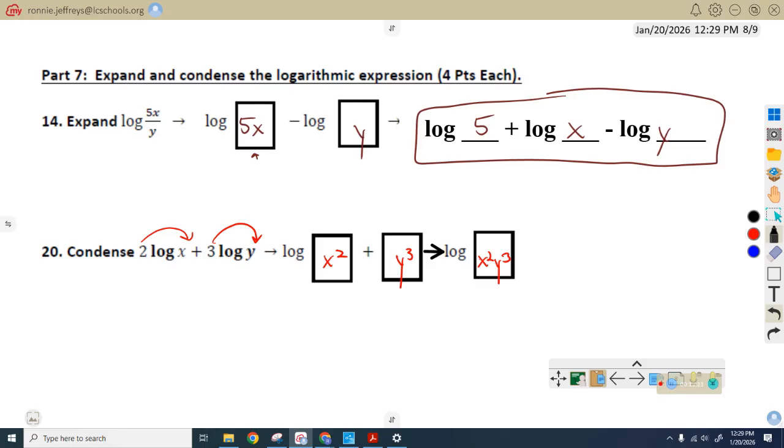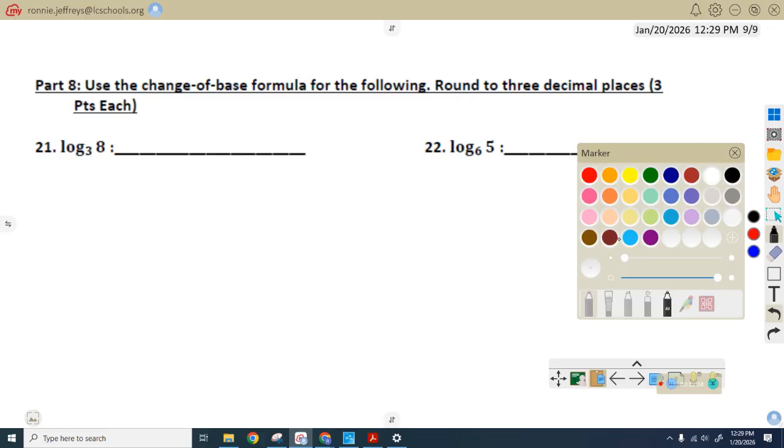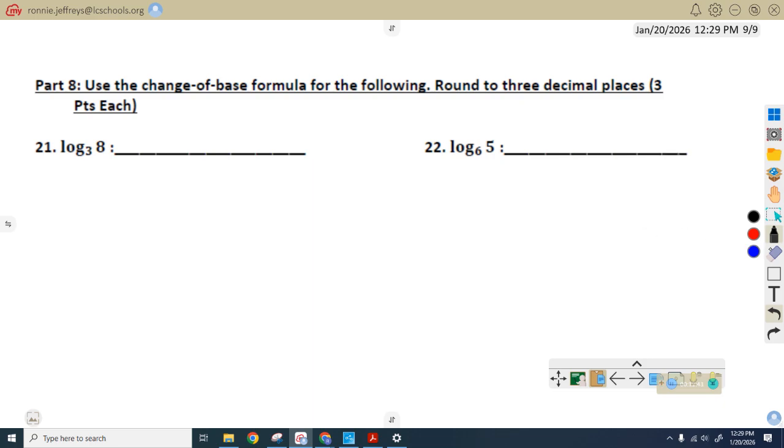Alright, so that's part 7. Alright, and then apparently all those numbers just disappeared. So log of a big number for log of a little number.